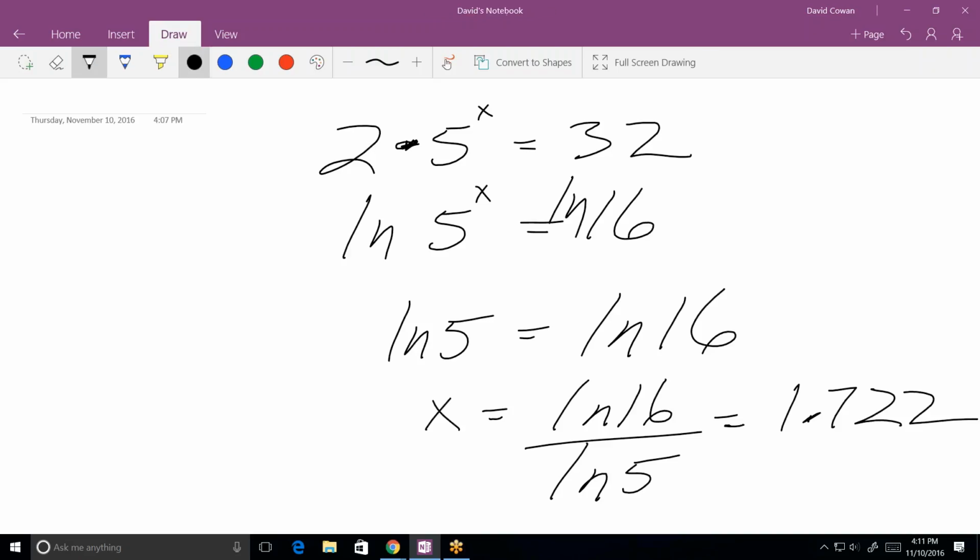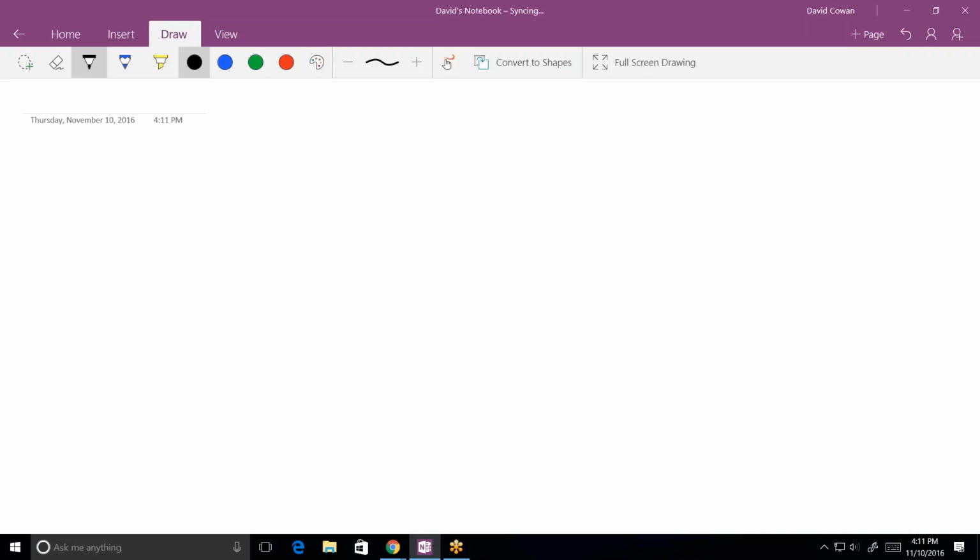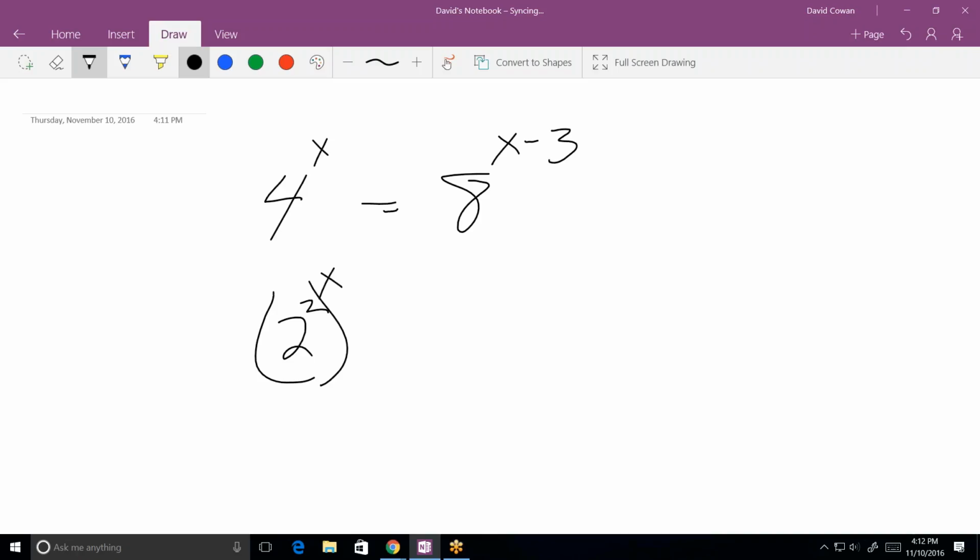Now, usually, I've had problems before where you get a problem like this. This you can solve without logs. I can solve this algebraically, and I do it by letting 4 equal 2 squared, and I'm going to let 8 equal 2 cubed.